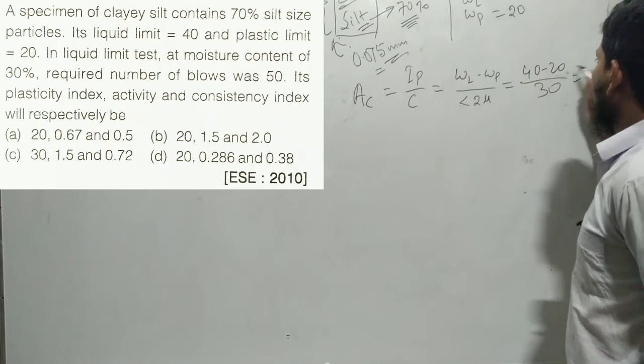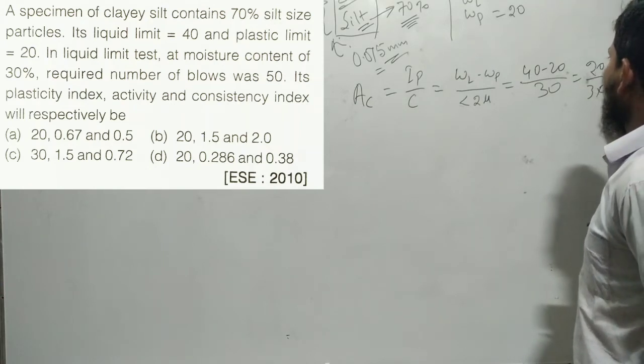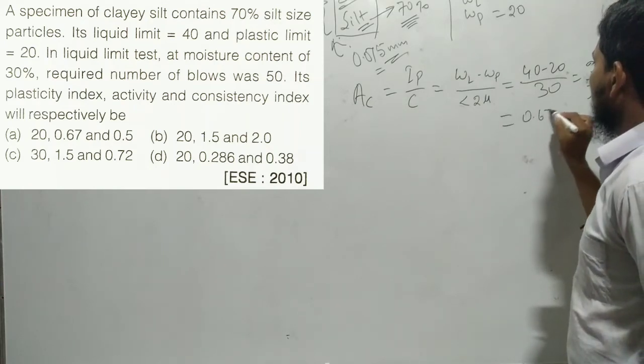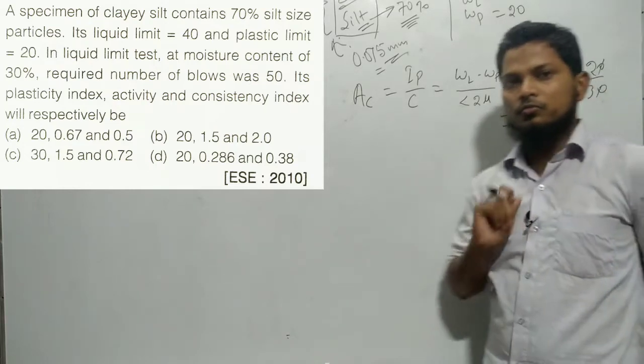So 20 upon 30 is 0.67. That is the activity of the soil.